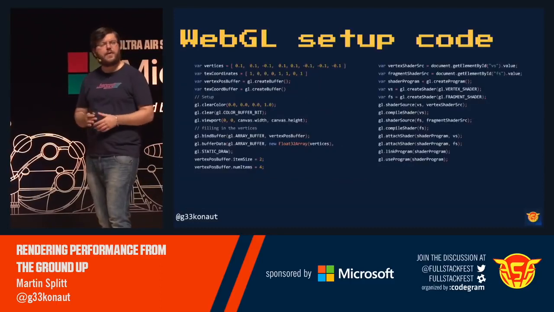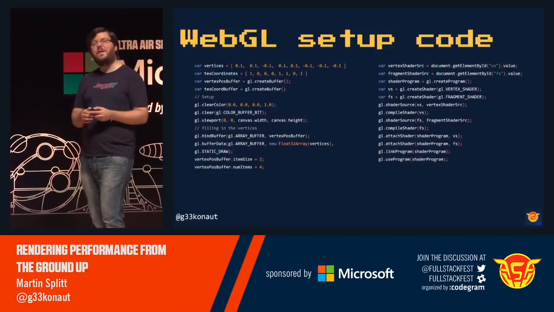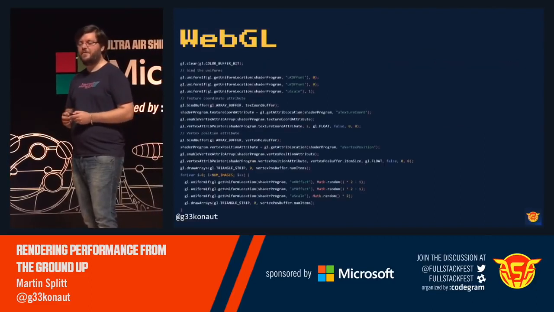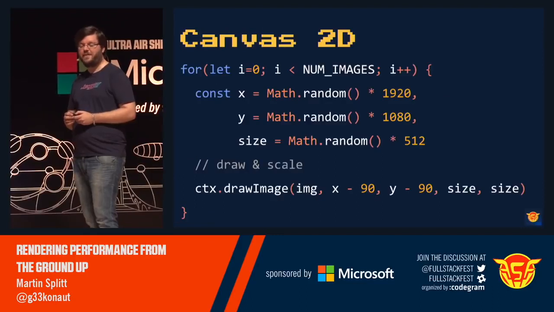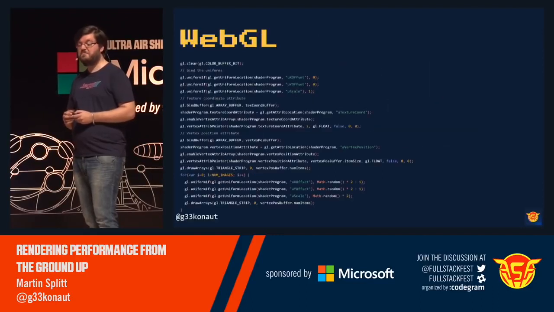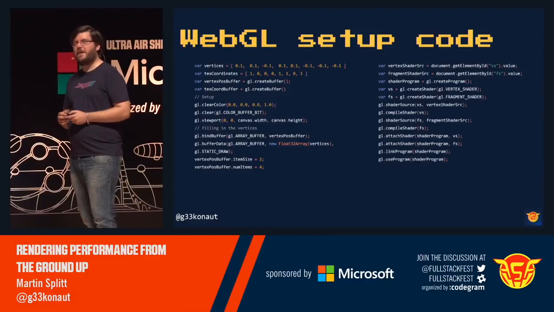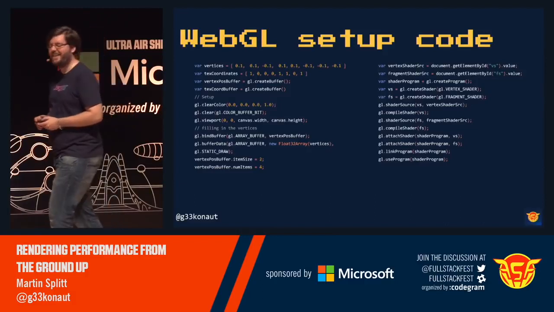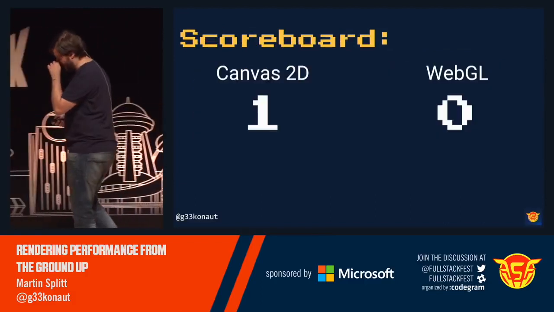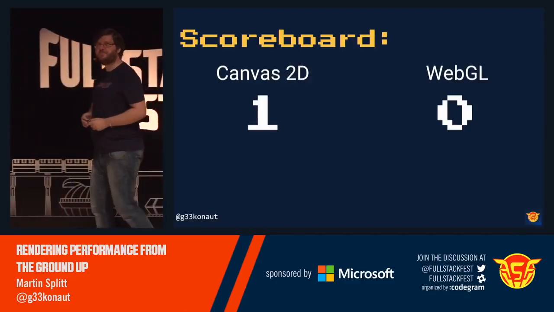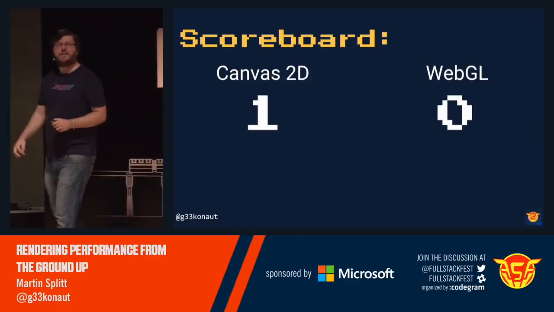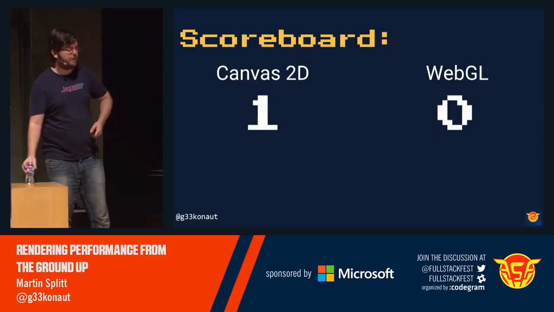I have the setup code available as well. It's a bit more. If you compare this to this, it's probably 5 lines more. So, moving swiftly on. Canvas was a bit easier there in terms of the amount of code we had to write.